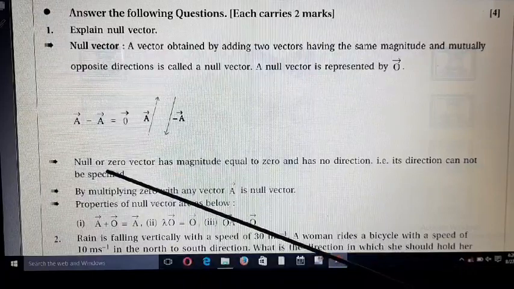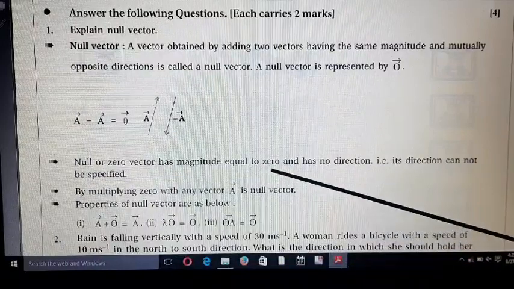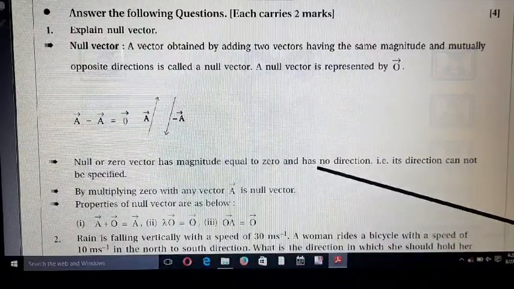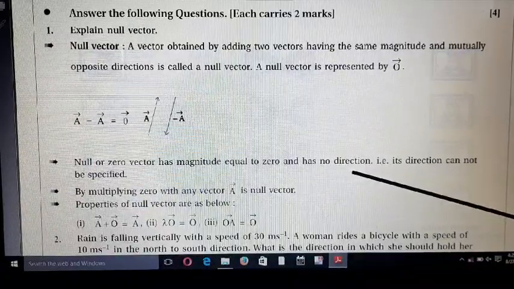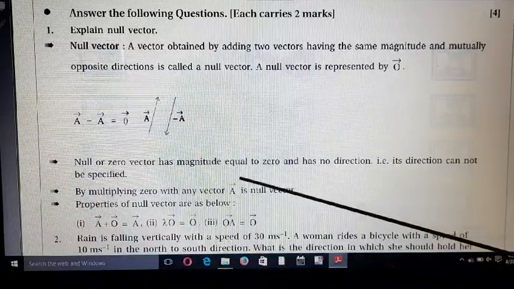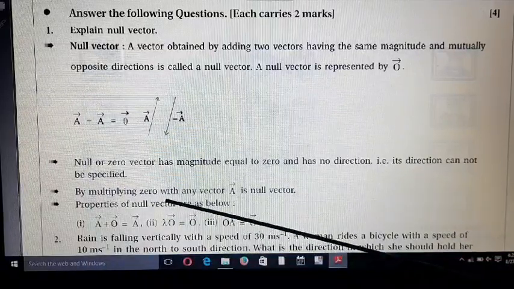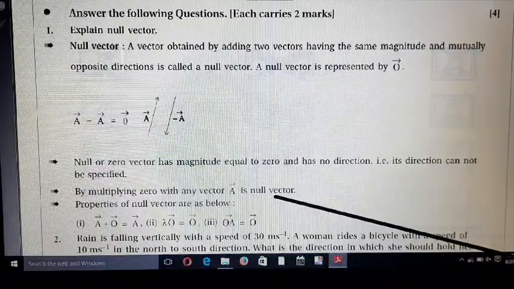So null or zero vector has magnitude equal to 0 and has no direction. Therefore, its direction cannot be specified. Multiplying 0 with any vector A is a null vector.